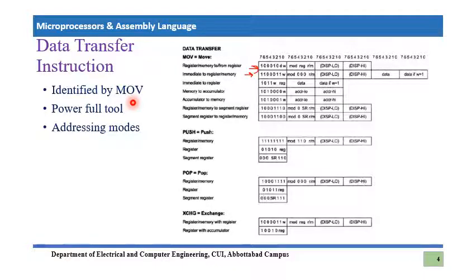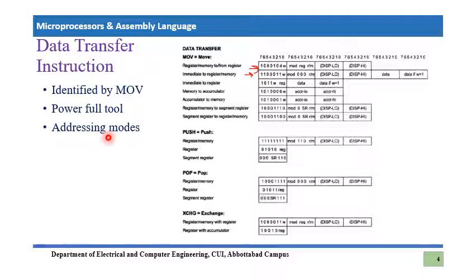The move statement is not only a powerful tool, but it is also a very important instruction because it can explain a very good aspect of assembly language programming, which is known as addressing mode. Addressing mode is something which we are going to deal with in a separate lecture.